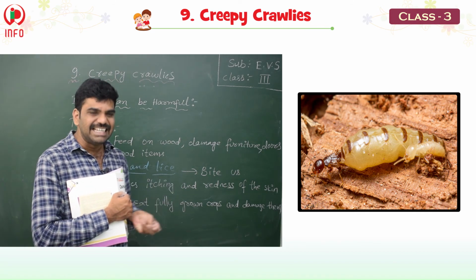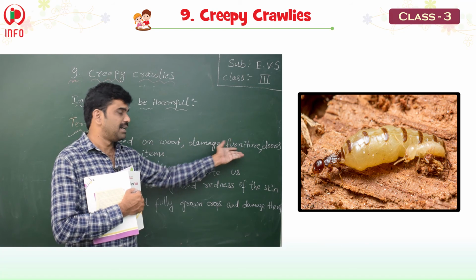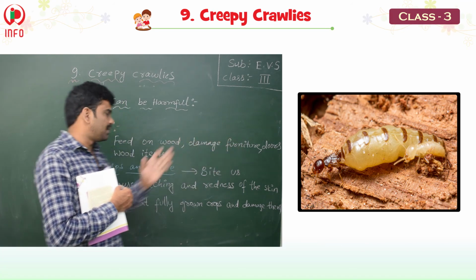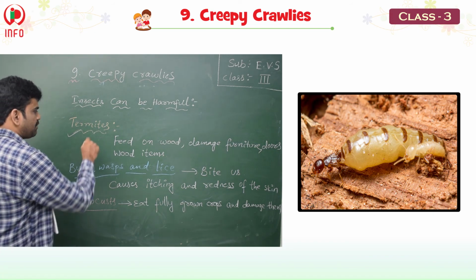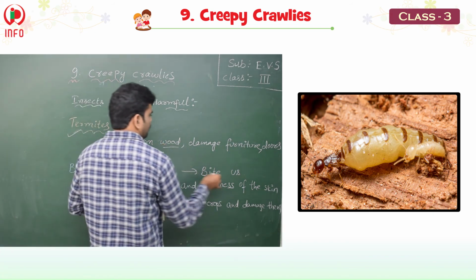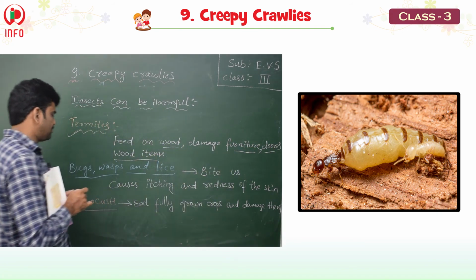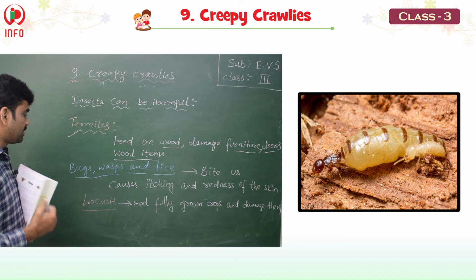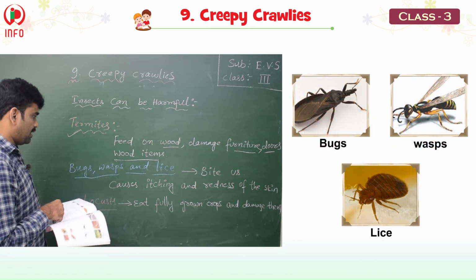So when they eat the wood, the furniture can be damaged, even the doors and other wood items. Once again I repeat, termites are very small creatures. They feed on wood, furniture, doors and other wood items. Understand, children?